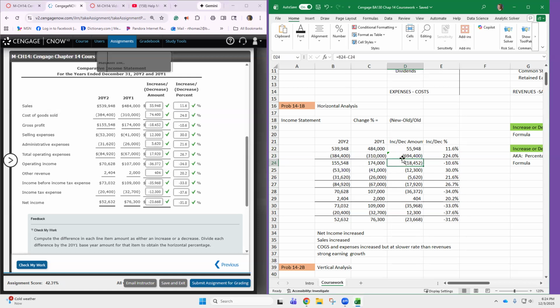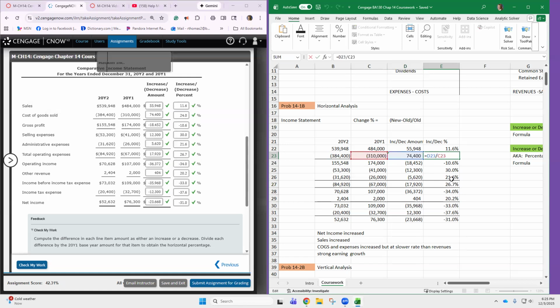Nope, that's not what I want. Okay, I want this minus this, but I've got to put that in parentheses that are negative because these are costs. So now let me see. There we go. That's going in the right direction, but then that one isn't.